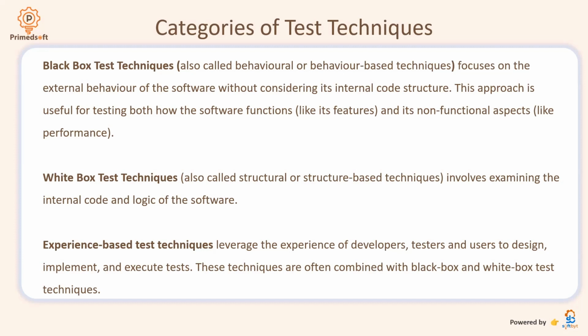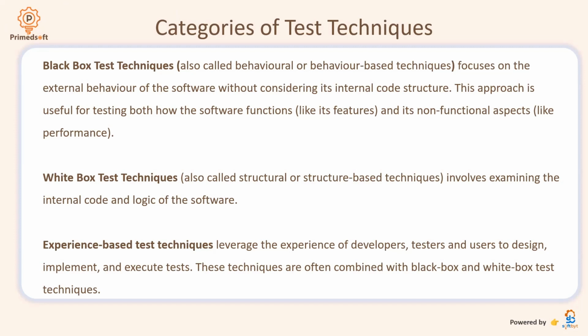So then let's look at the characteristics of white box testing. Like I said, the test conditions, the test cases, and test data of black box testing are derived from what? From the requirements and specifications, right?